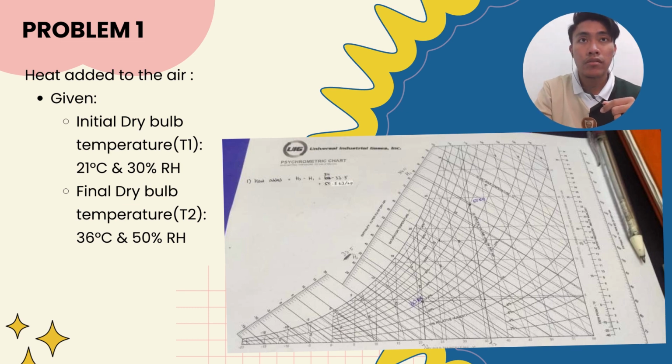Then the enthalpy reading for the final temperature is 84 kilojoule per kilogram. We label them H1 and H2. The formula is H2 minus H1. So the heat added equals H2 minus H1, and we get the final answer of 50.5 kilojoule per kilogram.